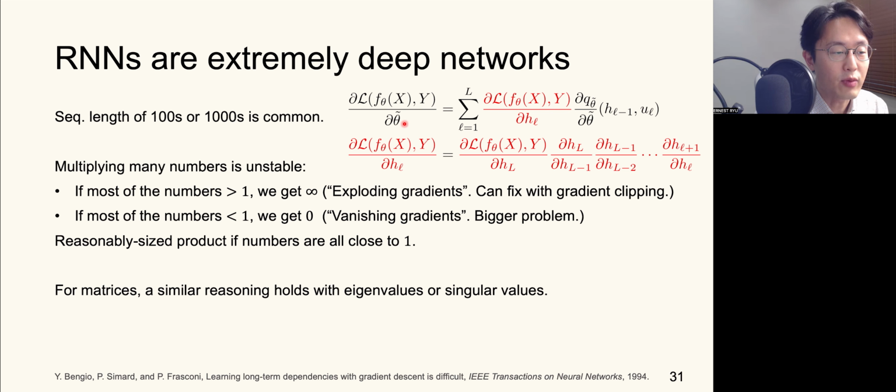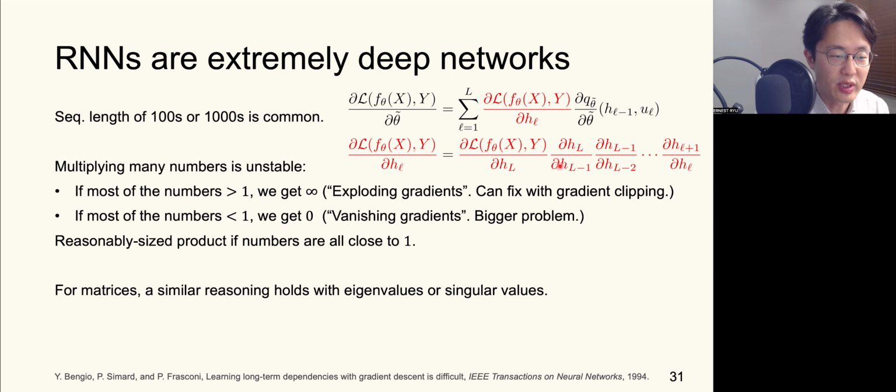And if you work out the backpropagation calculation by hand with respect to this parameter theta tilde for the recurrent function, it comes out to be this. And this red term, DLDH little l, based on the chain rule, it can be expressed as DLDH big L, times DHL minus 1, and so on. So we have a product of these terms. Now, to be precise about what this means, H is a hidden state vector.